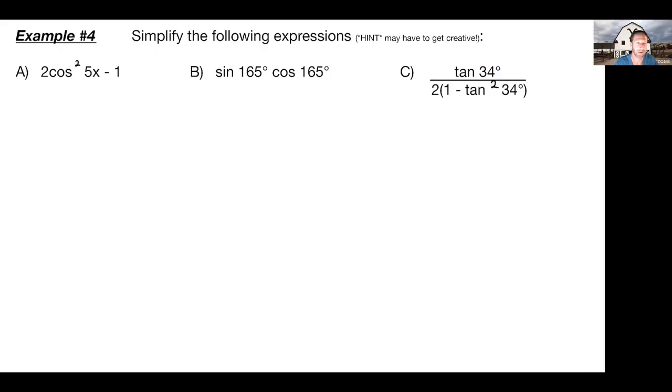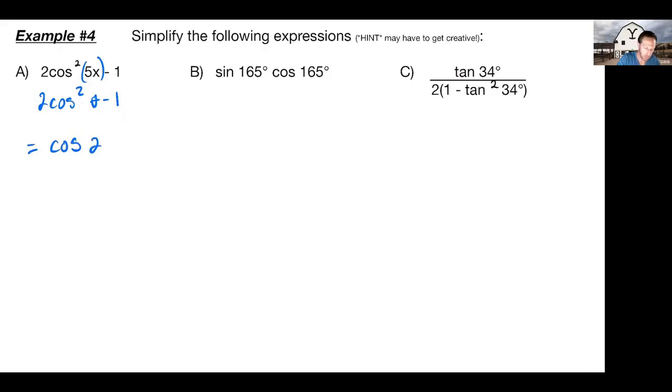All right. Hopefully you gave those a shot. Like I said, they do increase in difficulty, but part A, very, very basic. Hopefully you recognized, and I highly advise you to put parentheses around our angle so that you don't make a mistake and put the -1 in with it, because that looks like our 2 cosine squared of our angle minus 1, which is a double angle formula for cosine.